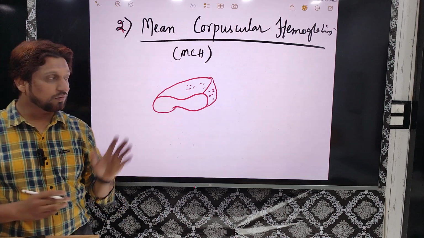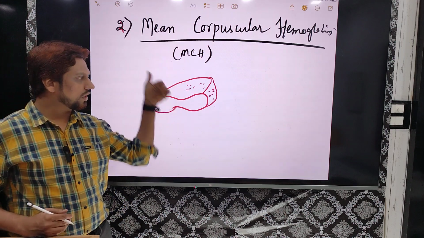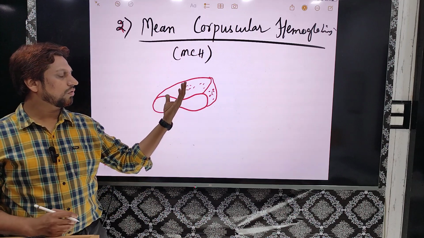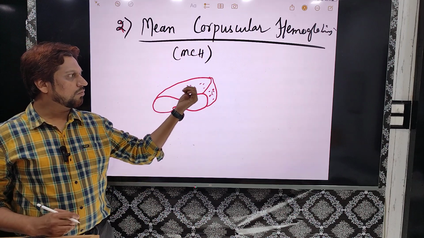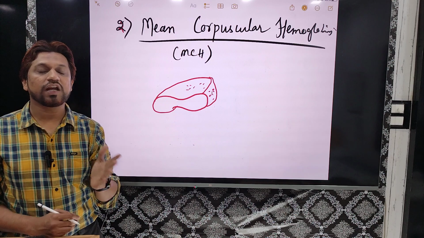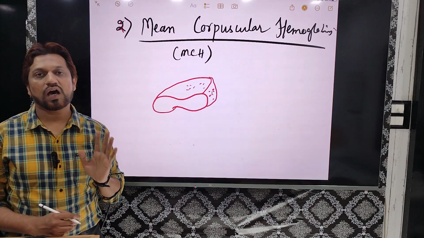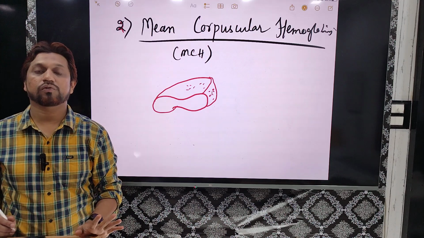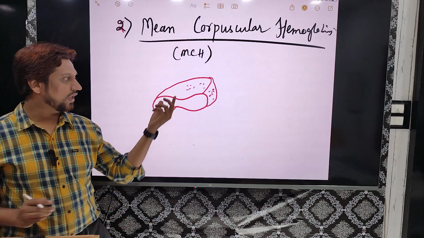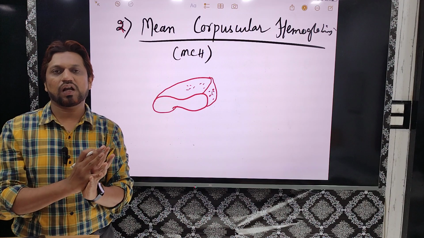So now we know the volume of a single RBC. This is of course a RBC, that too a cut section. If we see in that, hemoglobin is present, so the average weight or mass of the hemoglobin present in a single RBC is known as mean corpuscular hemoglobin. How much weight of hemoglobin is present in a single RBC.